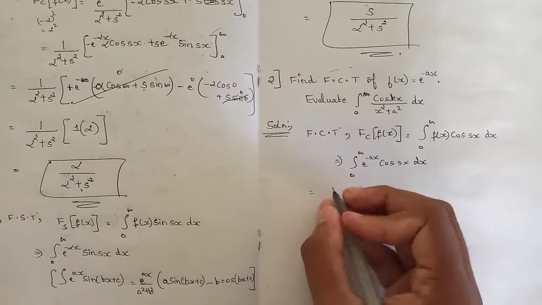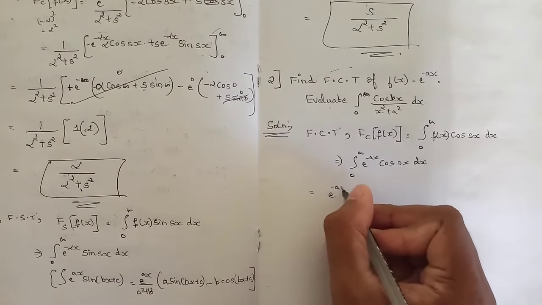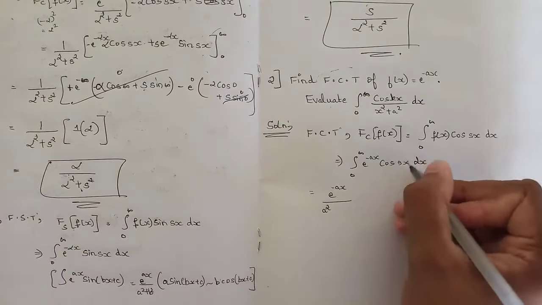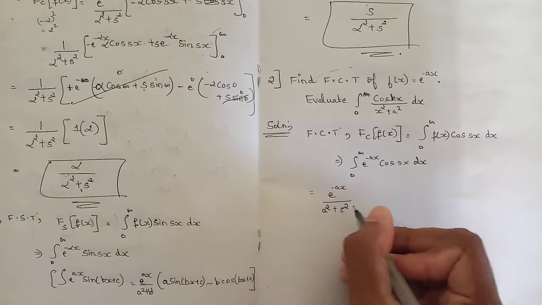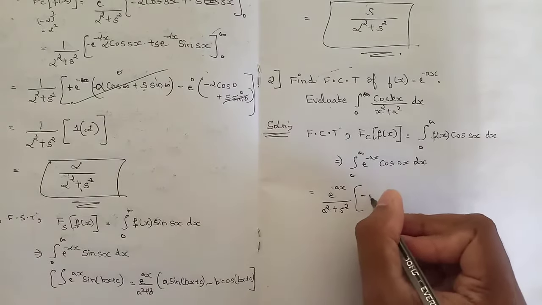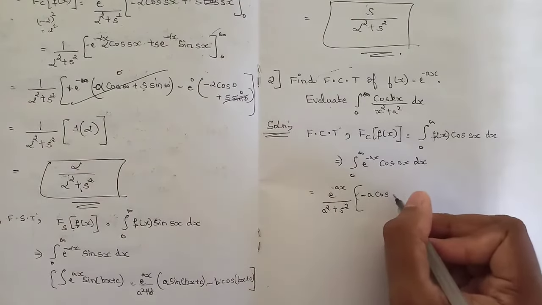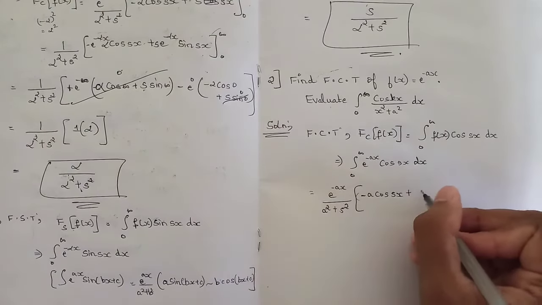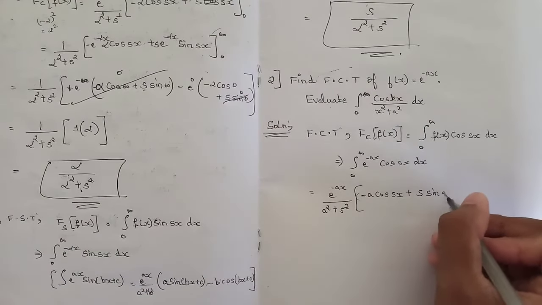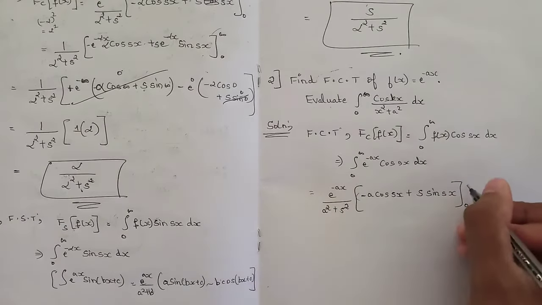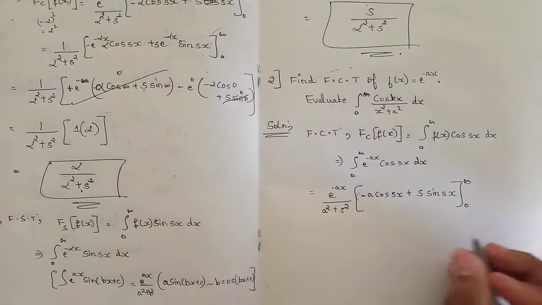So let's directly write the answer, that is e to the power minus ax divided by a square plus s square, since in place of b there is s, into a cos bx. In place of a there is minus a cos sx plus s sin sx, that is b sin bx, and the c value is 0. The limits are from 0 to infinity.